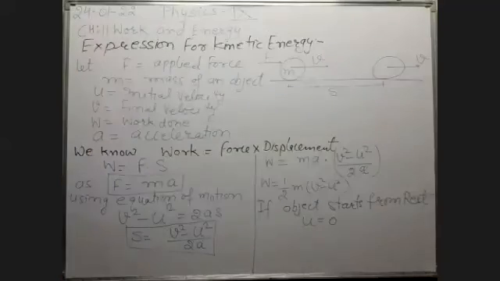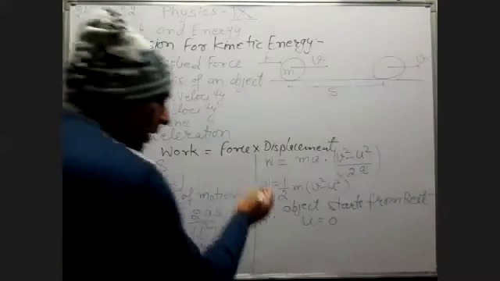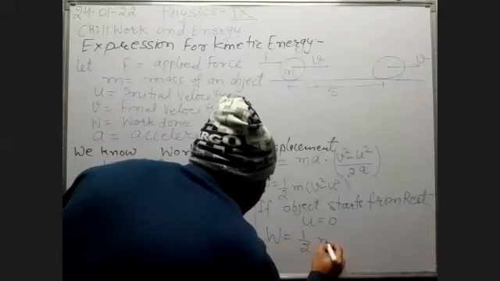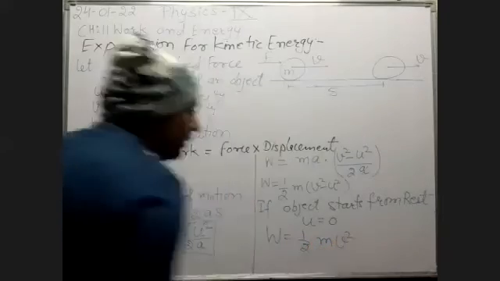Initial velocity क्या होगी? 0. So this work done will be equal to W is equal to 1 by 2 m v square.